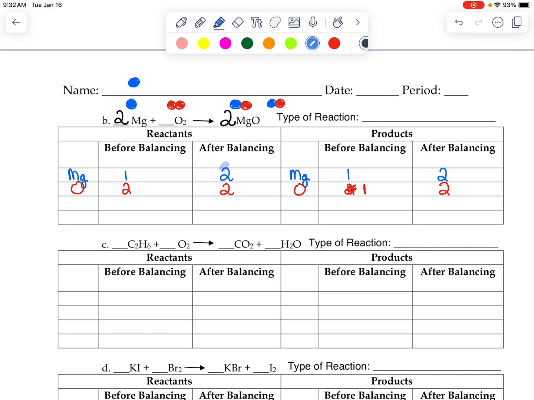So now we can check and see we are balanced. Two magnesium in, two magnesium out, two oxygen in, two oxygen out. We did that by putting a 2 in front of the magnesium and a 2 in front of our magnesium oxide. The type of reaction that this is, is a synthesis reaction.